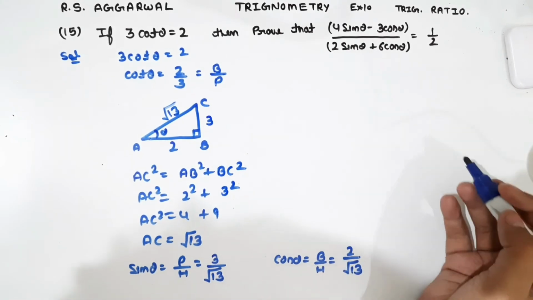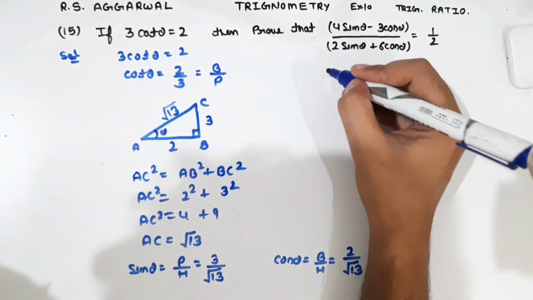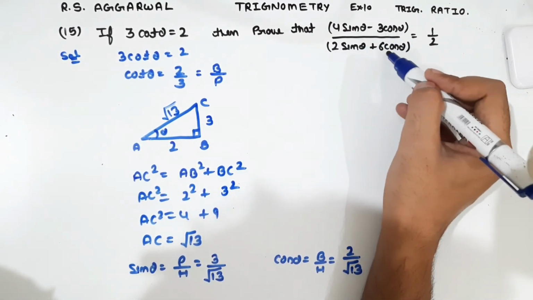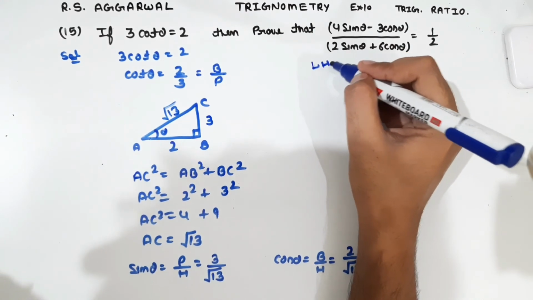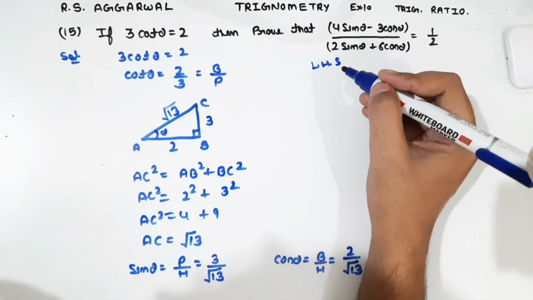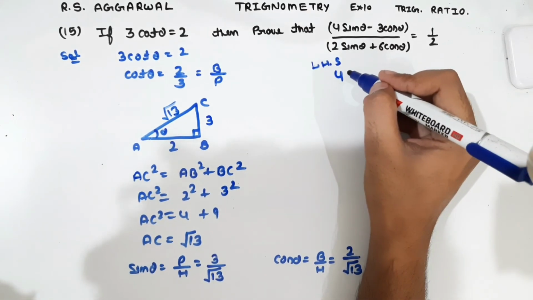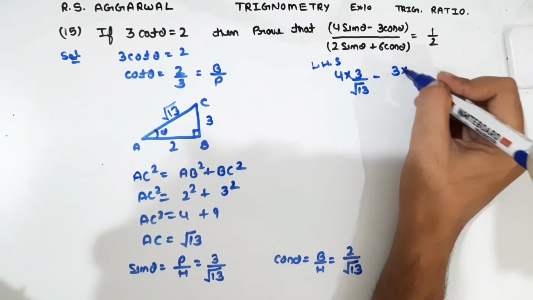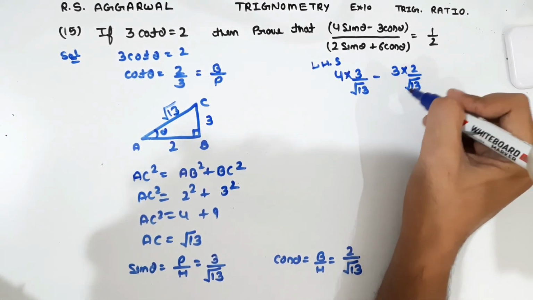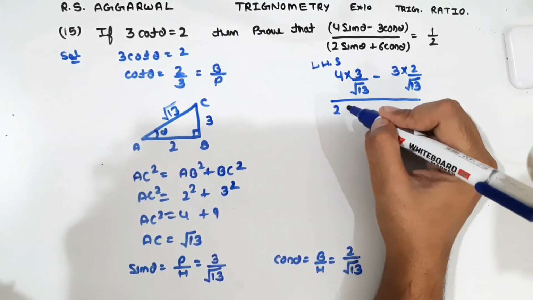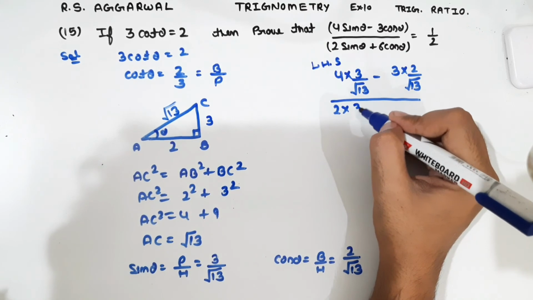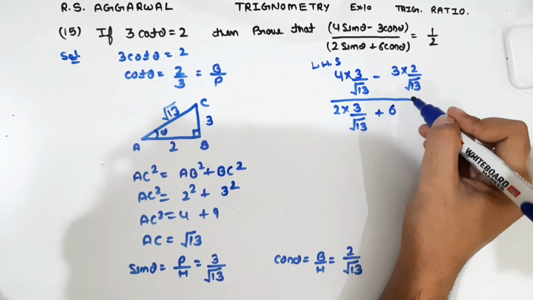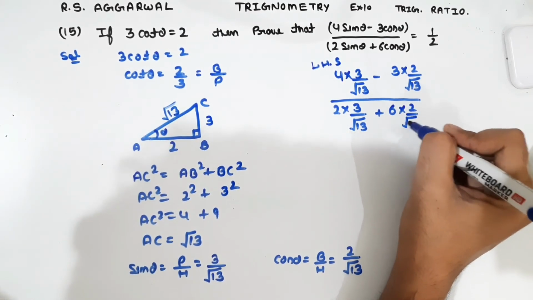So here left hand side is 4 sin theta minus 3 cos theta upon 2 sin theta plus 6 cos theta. So LHS. Now putting the value of sin theta and cos theta. So that will be equals to 4 sin theta is 3 upon root 13 minus 3 cos theta is 2 upon root 13 upon 2 into sin theta is 3 upon root 13 plus 6 cos theta is 2 upon root 13.